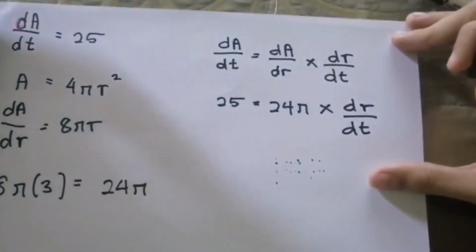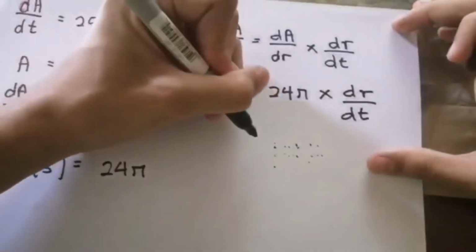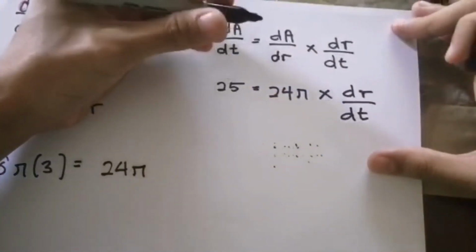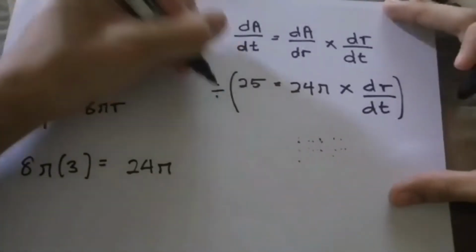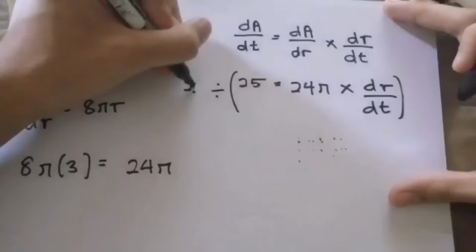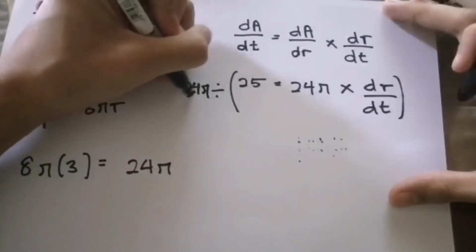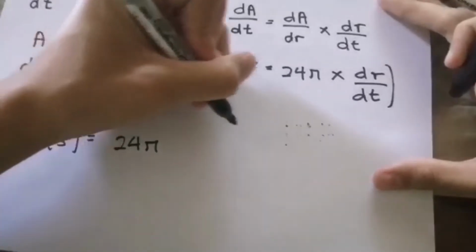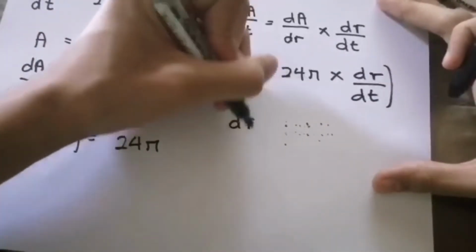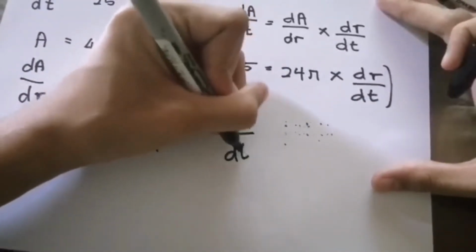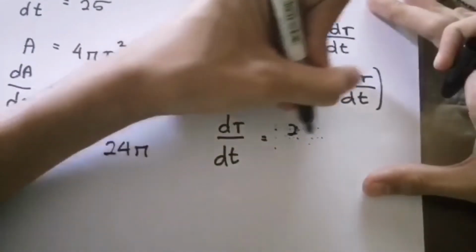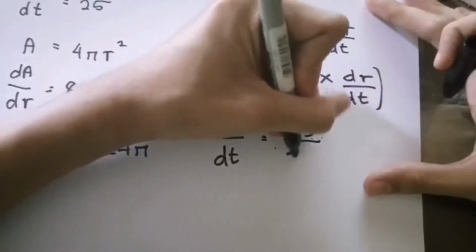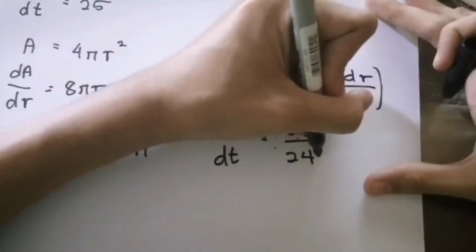Okay, then we divide both sides by 24 pi, and we will get dr over dt equals 25 over 24 pi.